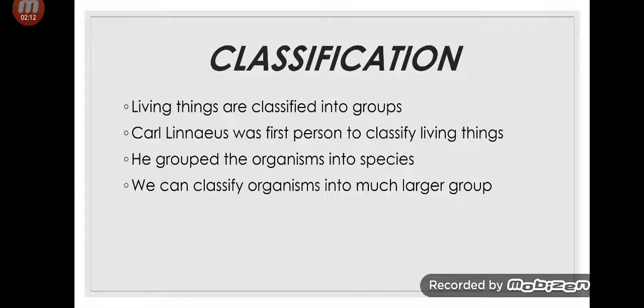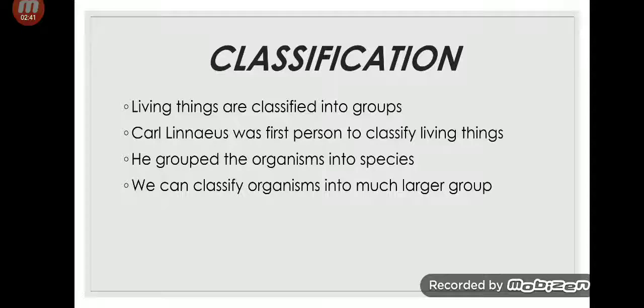If you have seen my lecture about what a species is, you may know that I told you in that lecture that Carl Linnaeus classified the living things and he also introduced the binomial system of naming, or binomial nomenclature, according to which we give organisms two names.